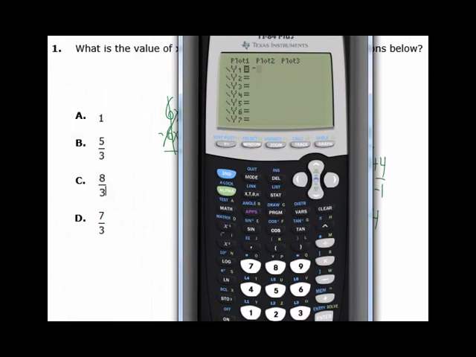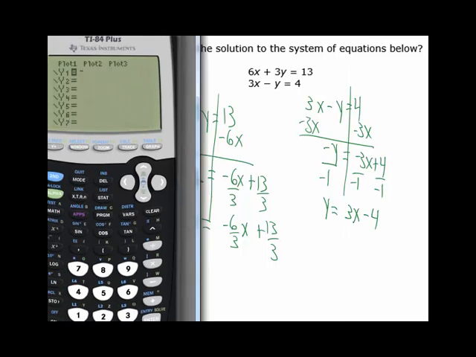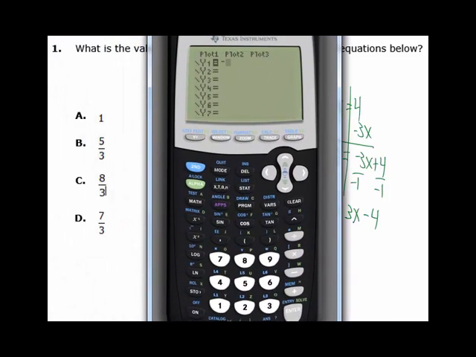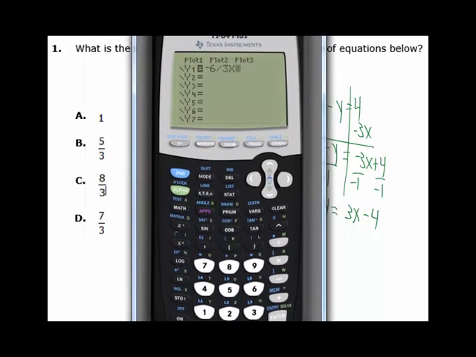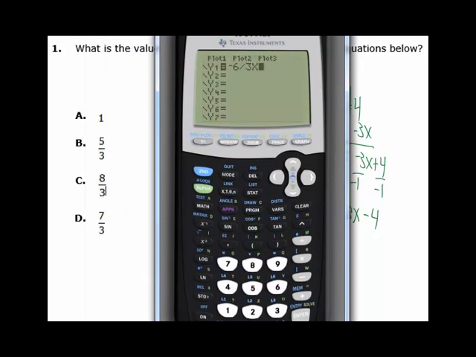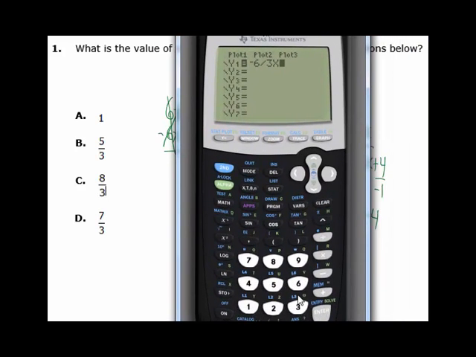Notice the negative is below the 3. So negative 6 over 3. To get the over, I hit the divide by button, which is above the times. So 6 divided by 3, x. And then it was plus 13 over 3.